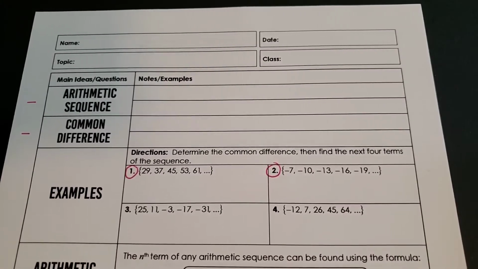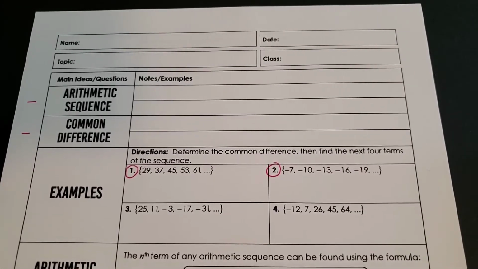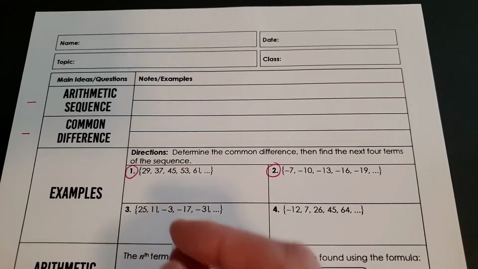So we're going to talk about specifically arithmetic sequences today. I like these because it means that as you move from one term to another, you are adding or subtracting the same thing.